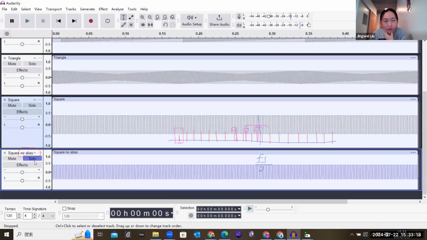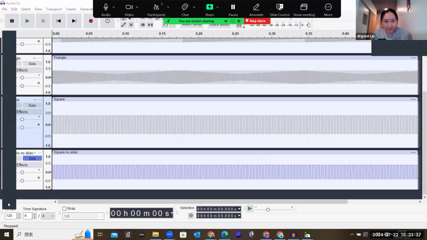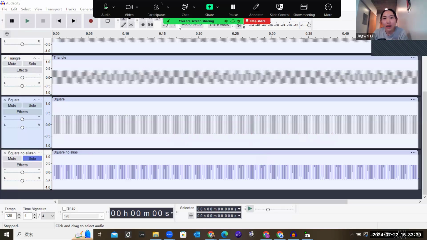So this one is with much less artifacts. Okay, so this is what I want to illustrate about the last part of aliasing. I promise we're not going to talk about aliasing anymore. This is the last part.